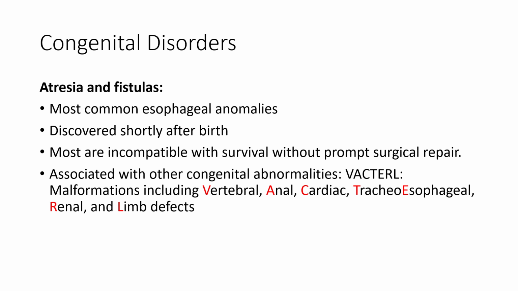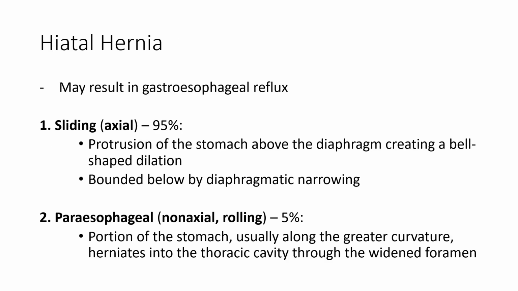They are associated with a range of congenital abnormalities termed VACTERL, which refers to malformations including vertebral, anal, cardiac, tracheoesophageal, renal, and limb defects. Now we will talk about hiatal hernias.